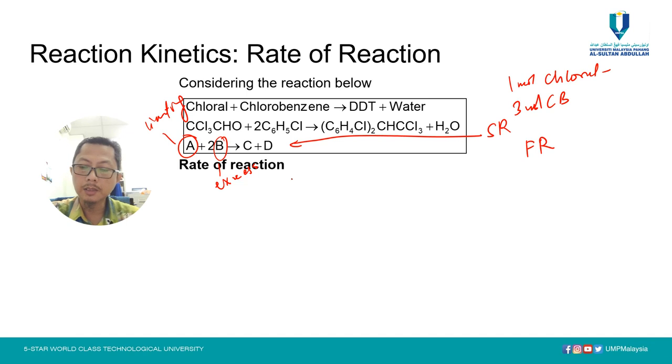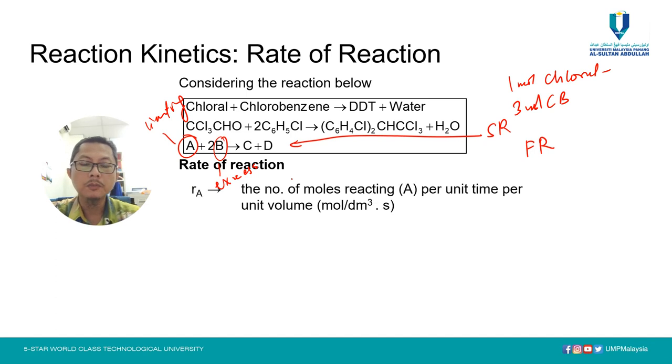In chemical reaction, we have the parameter to design and to make sure that the reaction occurs in a specific time and with the desired conversion. We introduce here the rate symbol as negative r_A. r is the rate, and subscript A is the chemical that this rate is referring to.